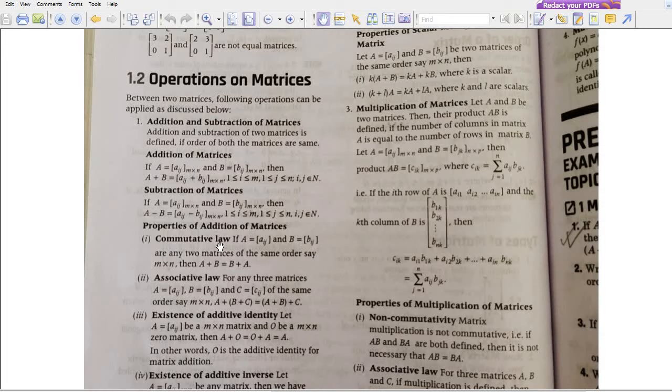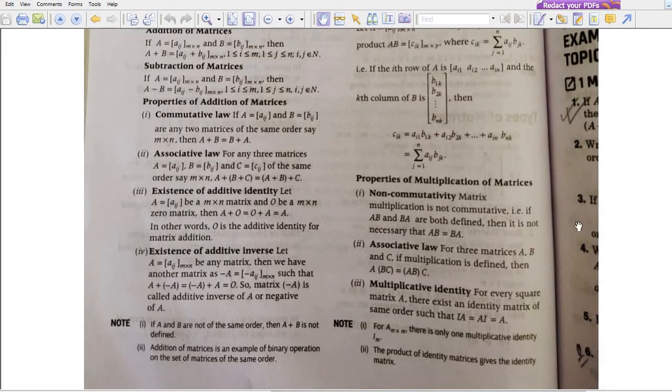Now what are the properties of addition of matrices? First property is the commutative property. What is it? A plus B is equal to B plus A. And the second one is the associative law. That means (A plus B) plus C is equal to A plus (B plus C). Next one is existence of additive identity.